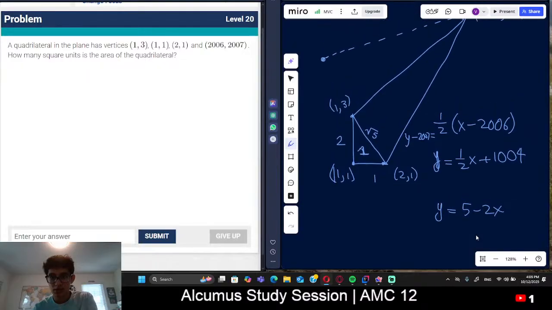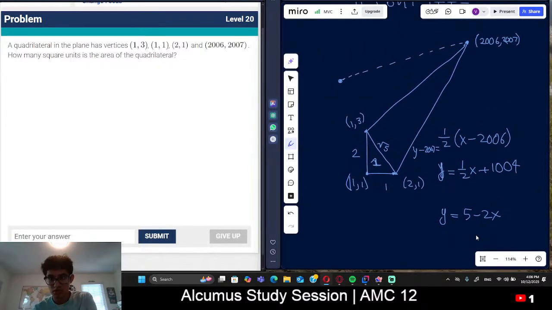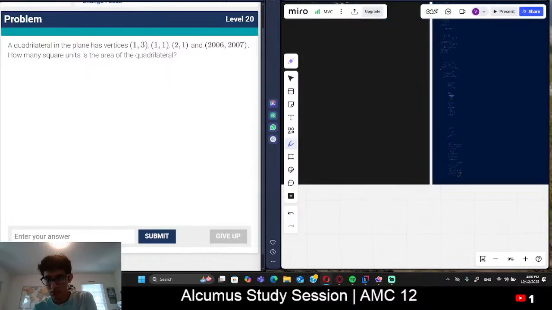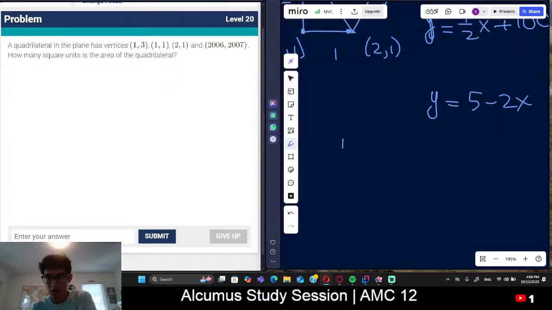Yep. I know there is an equation to just find the area given 3 points, but I forgot what it is. So we'll just do this instead. y equals 5 minus 2x. Yeah, that seems to work as well. Okay, so 1/2 x plus 1004 is equal to 5 minus 2x.